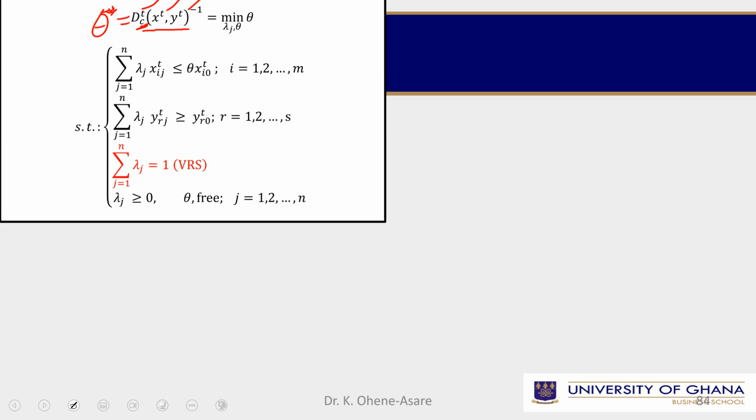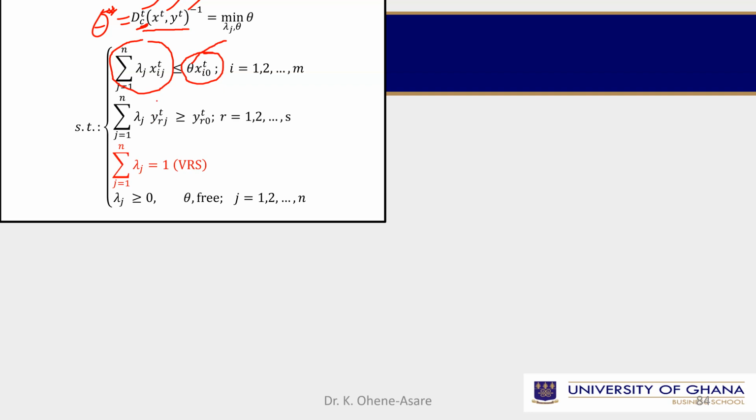So what you see here is the theta star, the actual value. And that is given by minimizing the theta subject to the constraint that the weighted sum of the input of all the DMUs, including the one you are minimizing, is less or equal to the input of the DMU that you are reducing. And because it's an input orientation, we attach the data to the input.